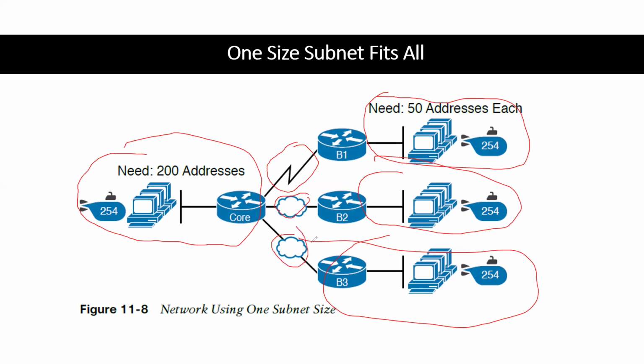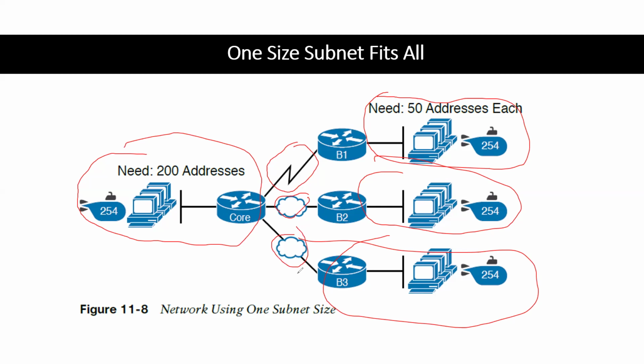Okay. And so with that, you have to plan how large you are going to make these networks. Whenever you're doing a one size subnet fits all, you're going based off your largest need of IP addresses. I'm going to say it again. You're going based off of your largest need of IP addresses. So in this diagram, my largest need is 200 IP addresses.